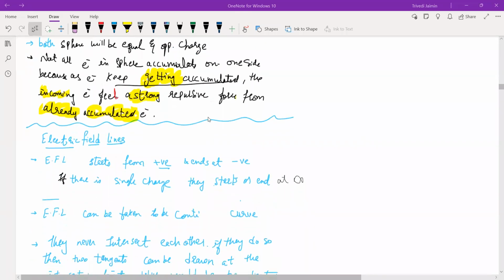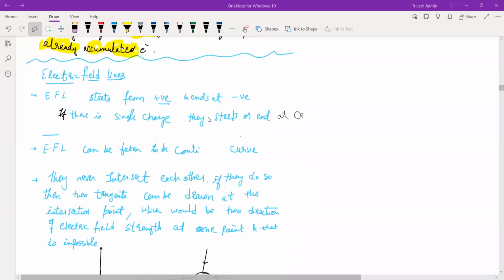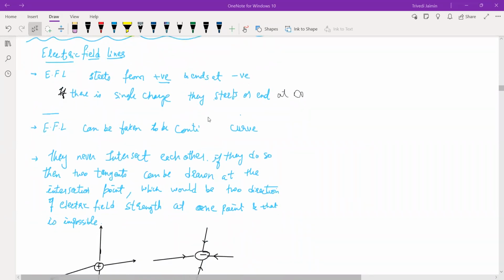Yes. So electric field lines start from the positive end and end at the negative end. So if I draw the field of an electric charge, it goes radially outward. And if it's a negative charge, radially inward.